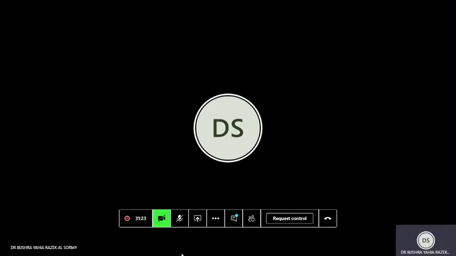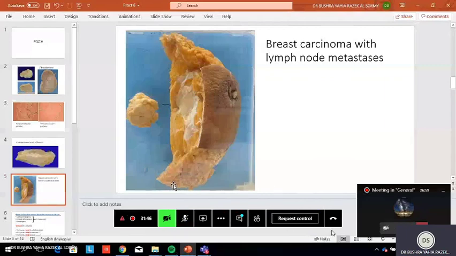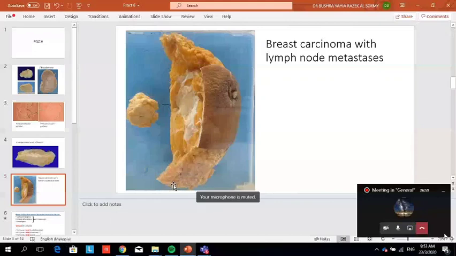So how to describe this one? The color, we said, is grayish whitish tumor, usually infiltrating, with an irregular border, measuring about 2 by 2 cm. The consistency is very important to state.